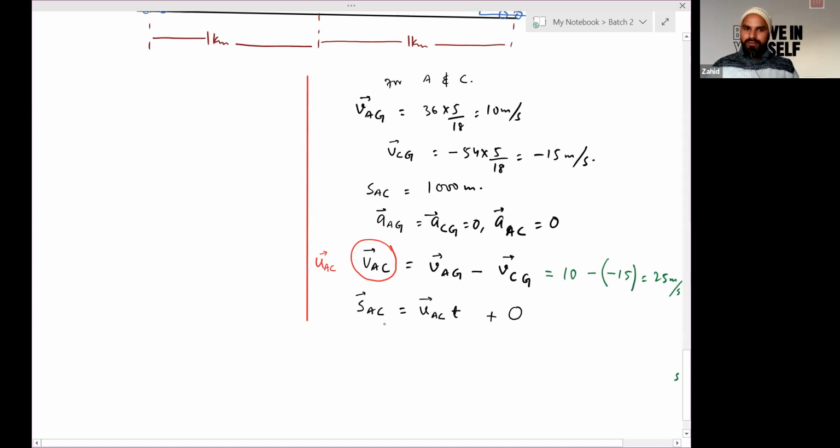If you put all the values in this equation, S relative is 1000, U relative is 25 into T. So from this, you will get T is equal to 40 seconds.